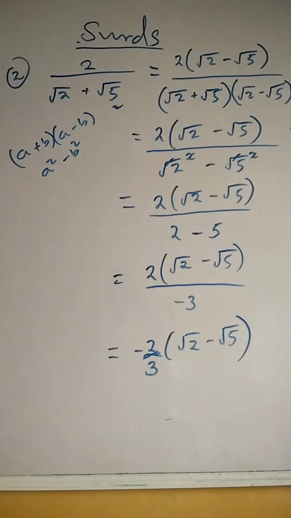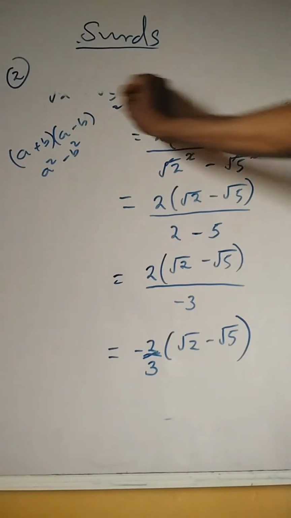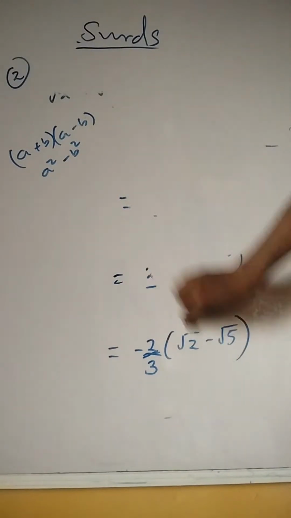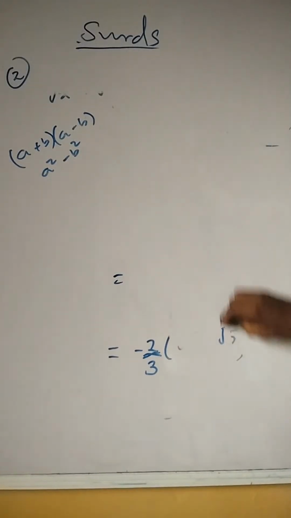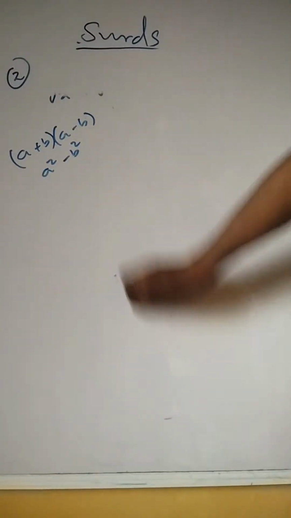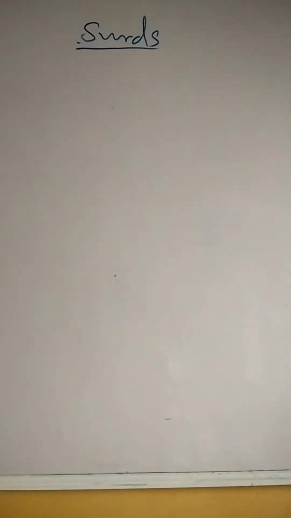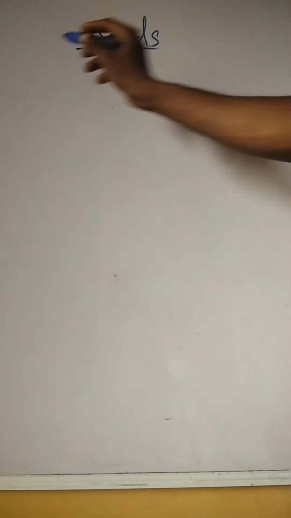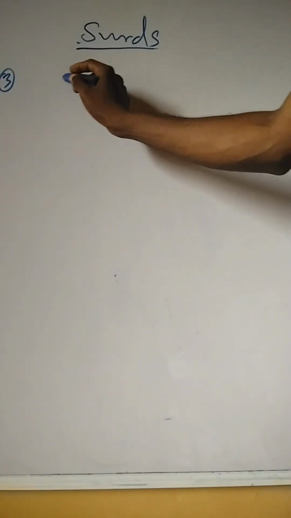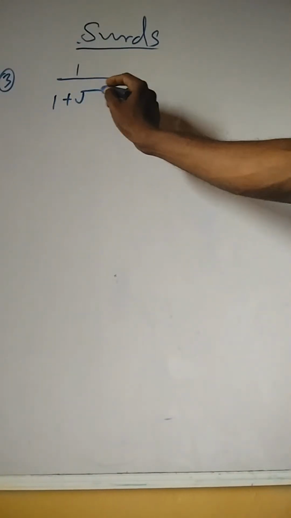Okay, now let's consider another question here. We label this as number 3. And also, you have to simplify. This is also a simple one. 1 divided by 1 plus root 2.